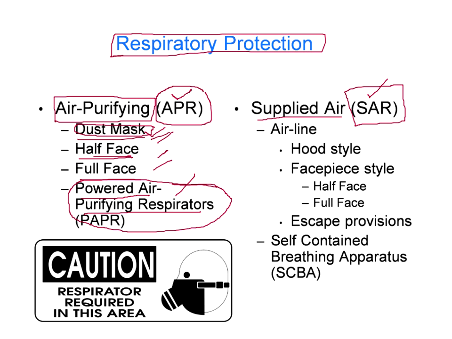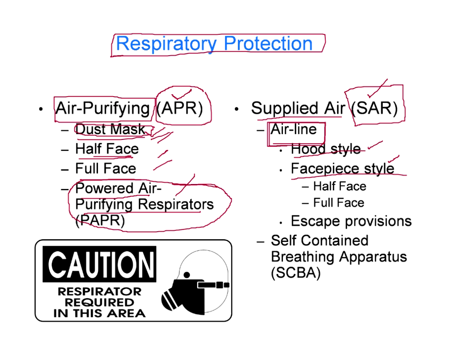The powered one is used for a dangerous situation. This is for normal use. When there is a sandstorm, we use dust masks to avoid dust going into our breathing system. So it's a normal one. And half face, full face depends on the level of danger. We use these filter systems.